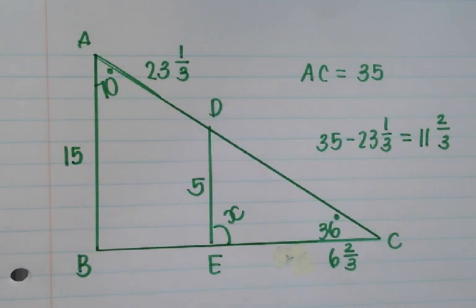Why? Because they're similar. So I would write that. I would say that A is equal to CDE. What's my reason? Triangle ABC is similar to triangle DEC. That's my reason. They are similar and that allows me to say it.